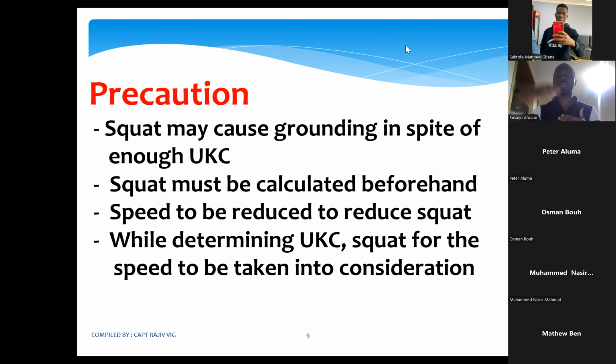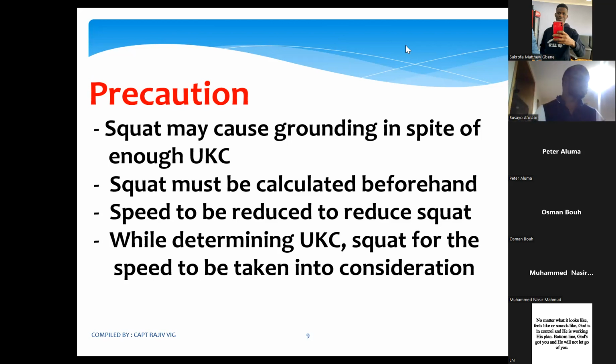Everybody has different company procedures when determining the minimum UKC when navigating in any water. Some company UKC might be 2 meters, some might be 1 meter. But all these things are just, like I said, to prevent grounding.